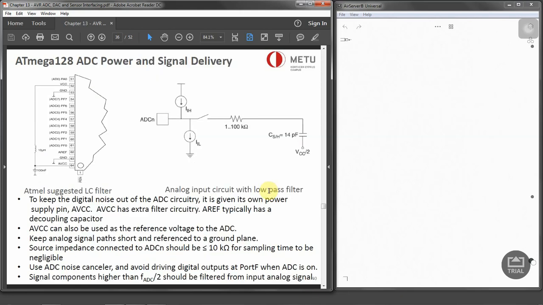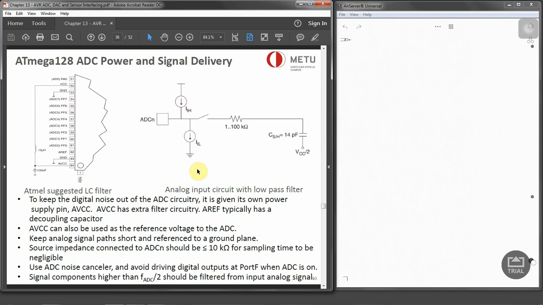So ADC power and signal delivery, this is the part of ATmega's pins which represents the analog to digital conversion pins, so analog pins that we have got in port F. And this is the internal circuitry of it. It has got its own low pass filter for each of these pins, and this allows us to keep the digital noise outside of the analog to digital conversion.